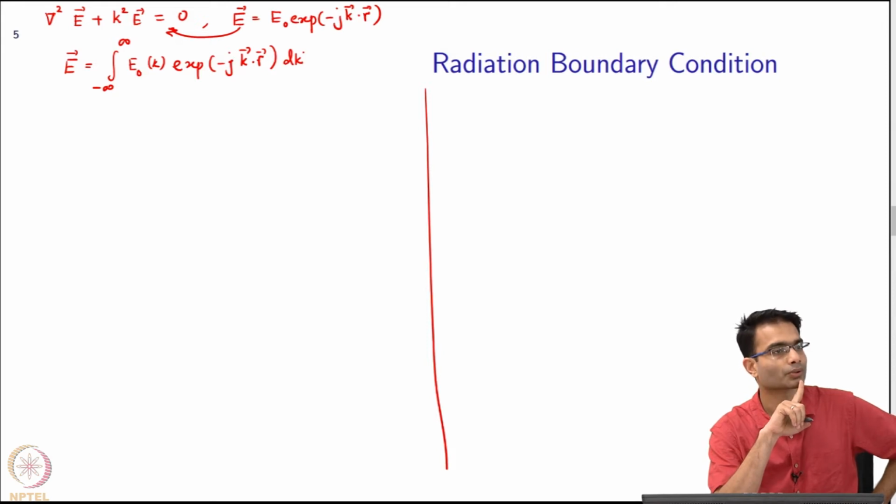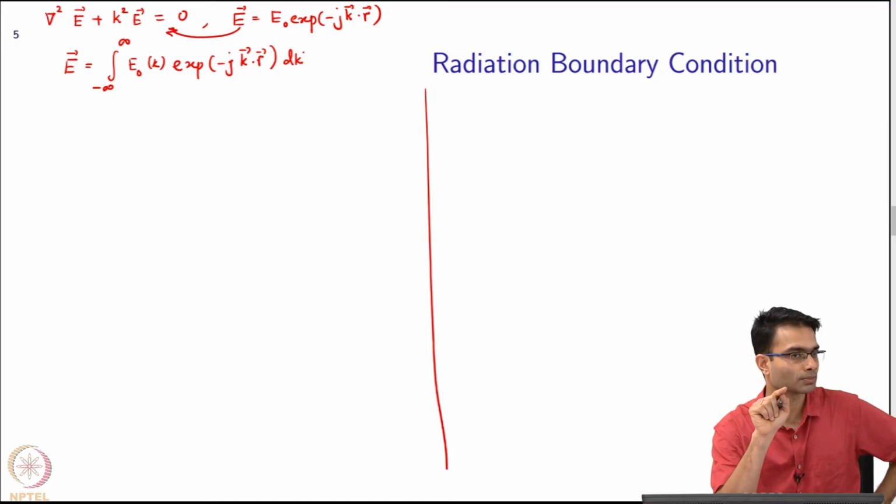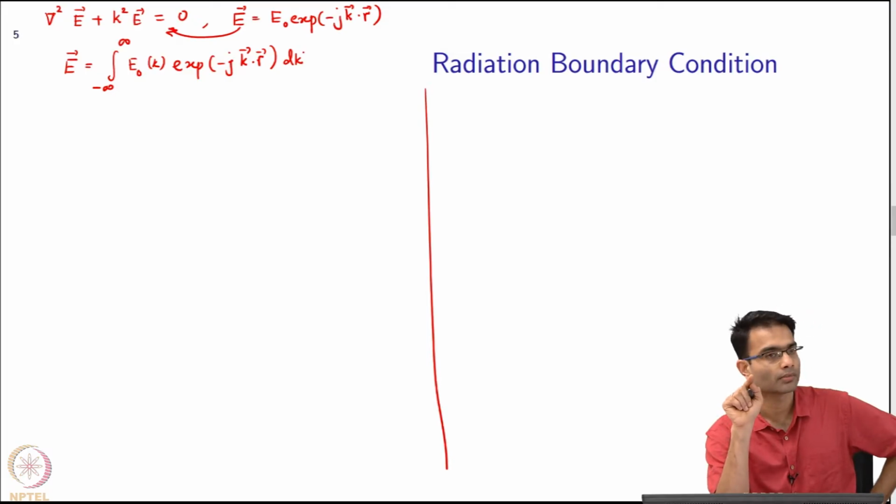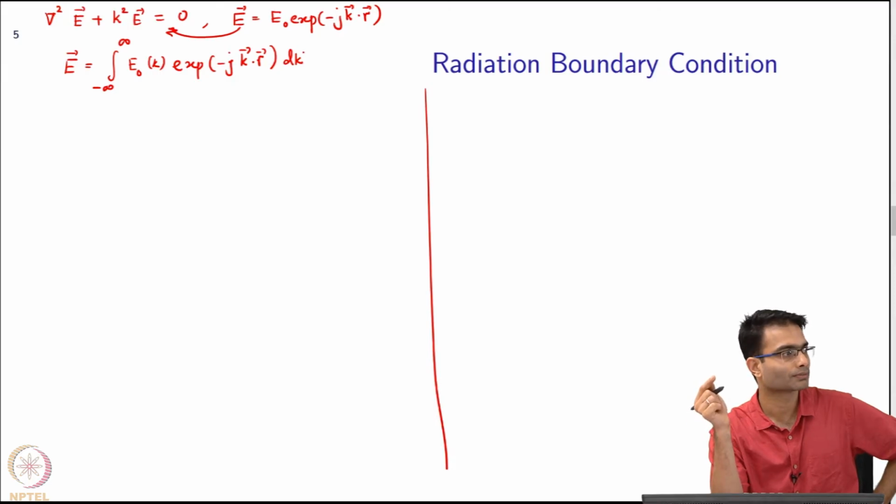What is the first term going to do? Del squared is only going to act on the spatial terms. The spatial term is only e to the minus jkr. So, what will I get from here? I will get a minus kx squared minus ky squared minus kz squared, correct. What about the second term? K squared. So, does it cancel off then?